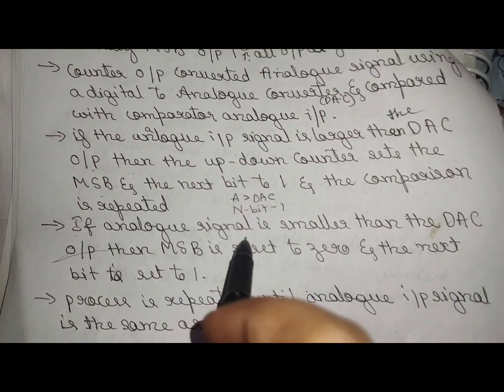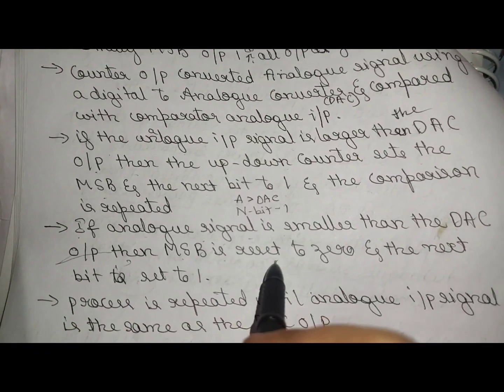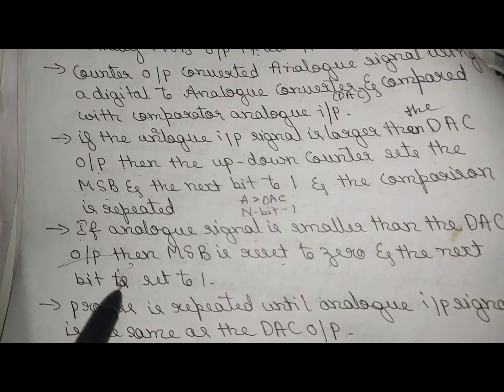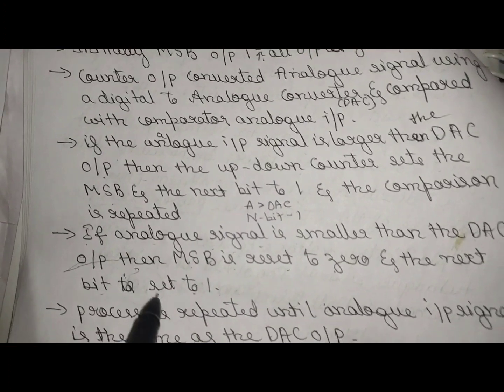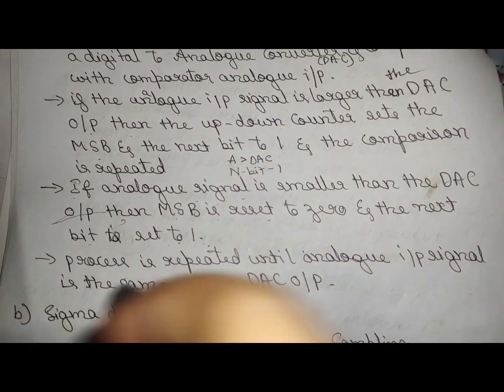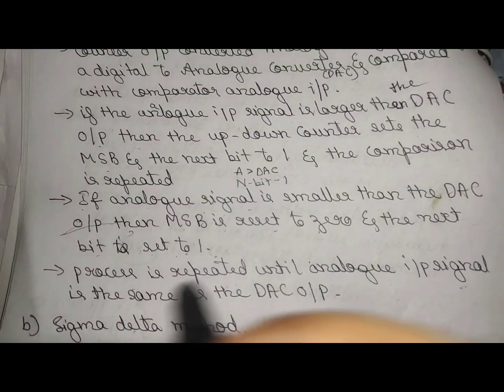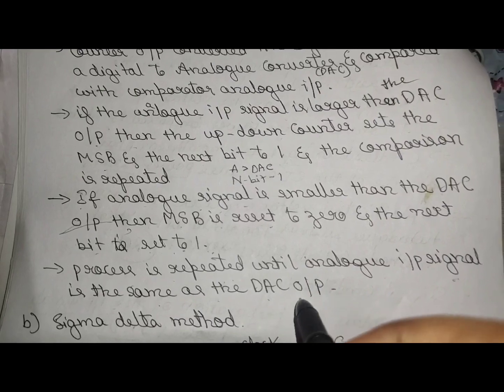If the analog signal is smaller than the DAC output, then the MSB is reset to 0 and the next bit set to 1. The process will be repeated until the analog input signal is the same as the DAC output.